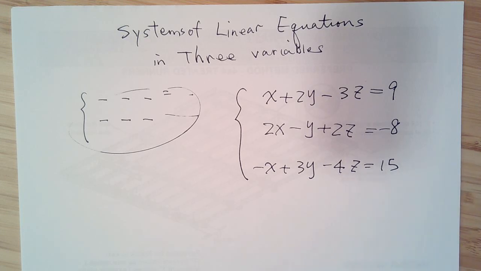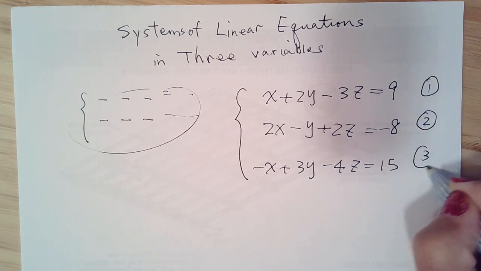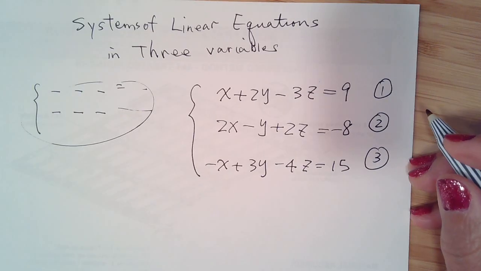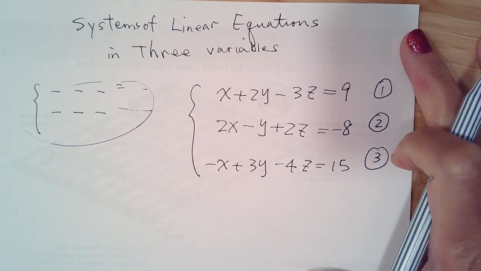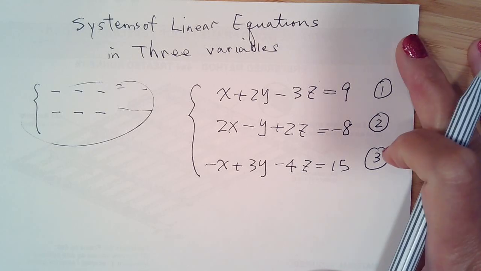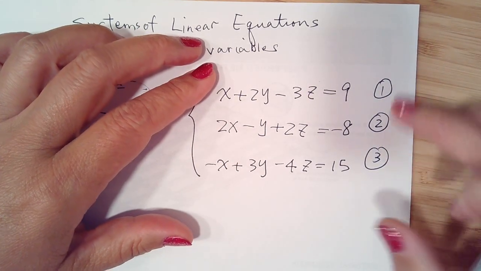Now, the way to do this: this is equation 1, this is equation 2, this is equation 3. We have three equations with three variables. The general idea is to use the elimination method. What we're doing is, think about this. We have three equations.